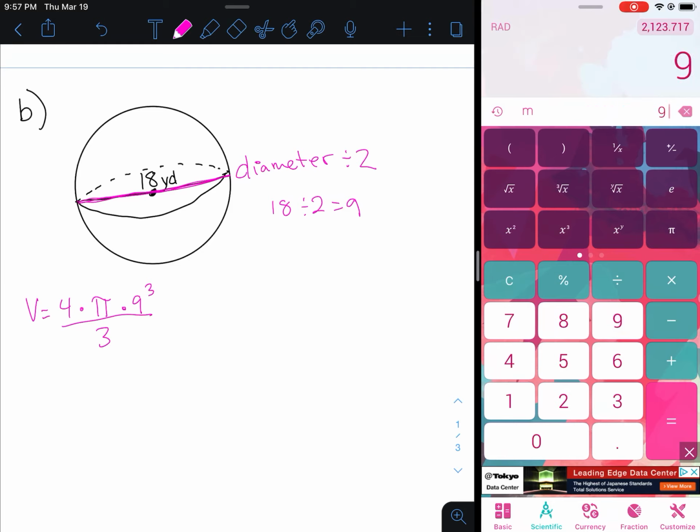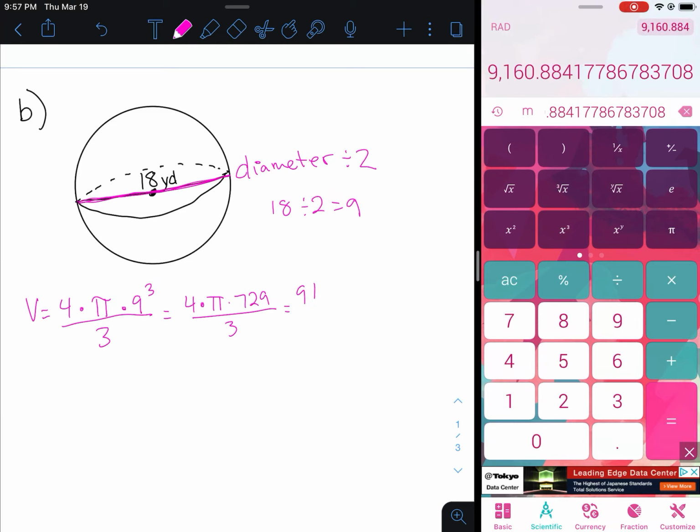So when I enter it in my calculator, 9 to the third, or 9 times 9 times 9, is 729. And then, remember that I'm multiplying by 4/3. So that means I take 4 times pi times 729, 9,160.884, and so on.